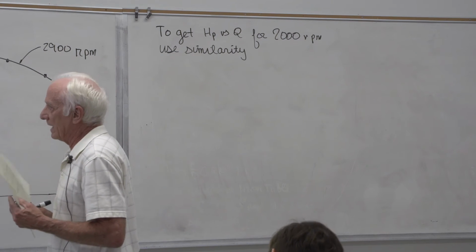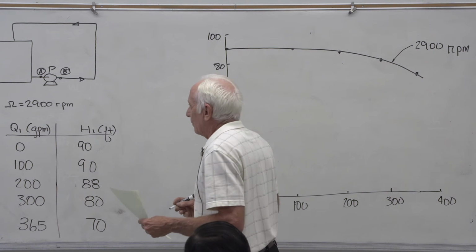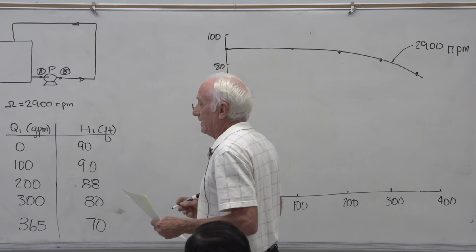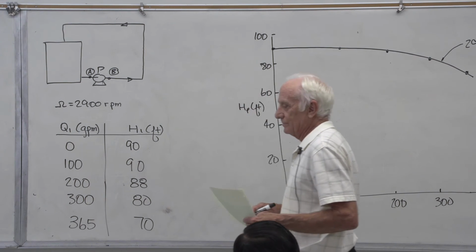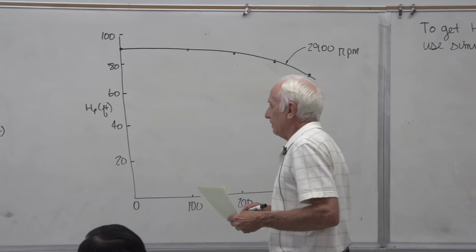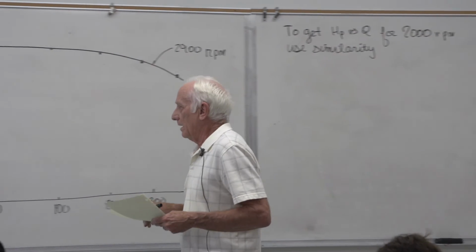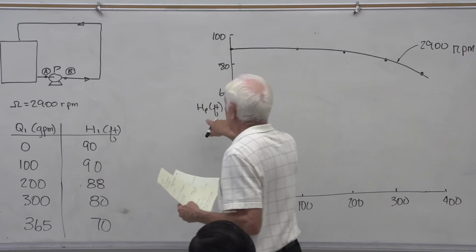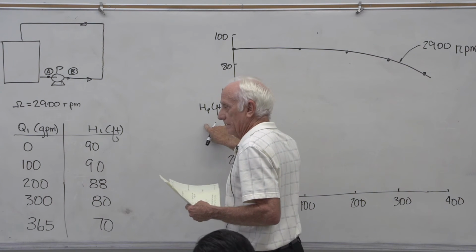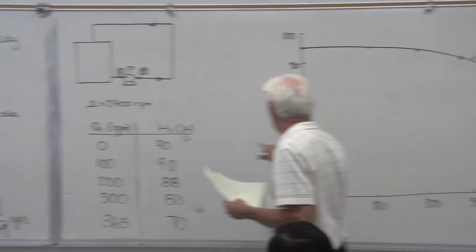It's the same impeller diameter, so it's geometrically similar. What should I equate? The Reynolds number? No, I told you don't equate the Reynolds number. The power coefficient? No, I don't see power in that graph anywhere. The pump head? Oh yeah, there's H sub P. Got it. That's important. The flow parameter, Q over omega d cubed. Oh yeah, that's important. There's Q.